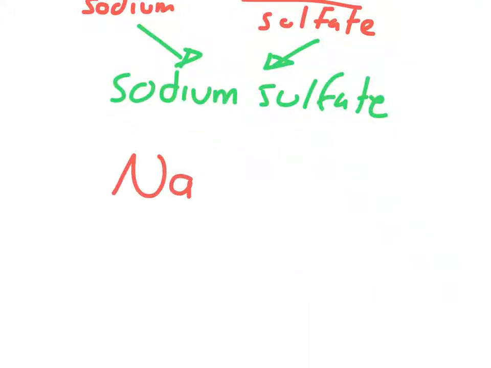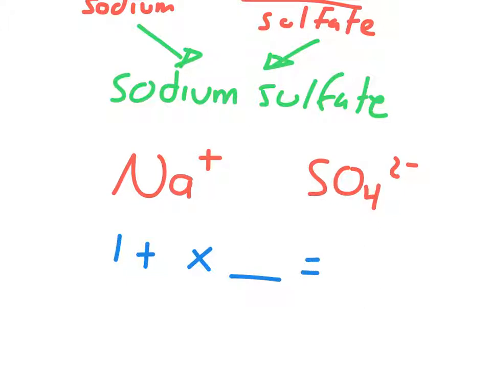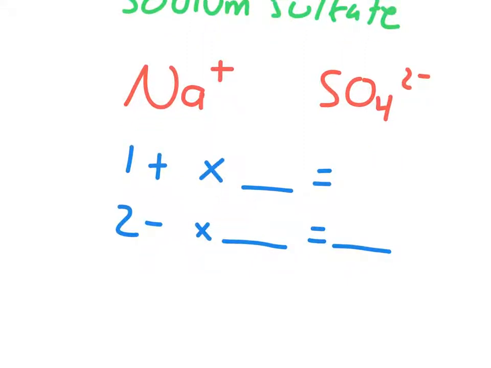Okay? So now, what if we have only the name and we have to go to the formula? Now we have the sodium that has a positive one charge and the sulfate that has two negative charges. Okay? So if the sodium has one positive and the sulfate has two negative, what's the real ratio we should have for the elements in order to have a net charge of 0?